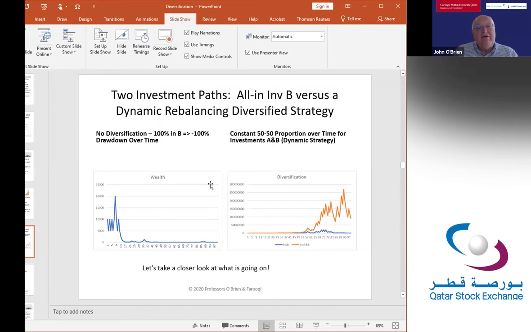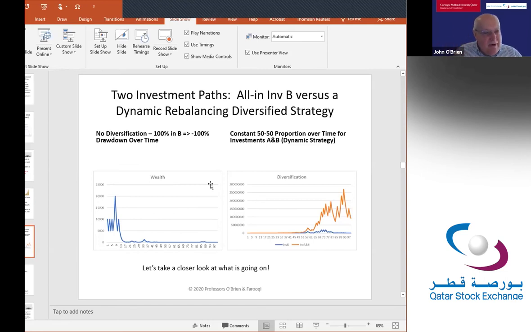On the right-hand side, and you can simulate this in Excel, this dynamic strategy takes off. And it does actually avoid the minus 100% drawdown. Now, it's beyond today to talk about the reasons for that, but it's called volatility pumping.